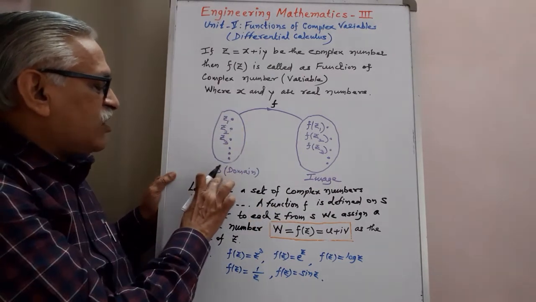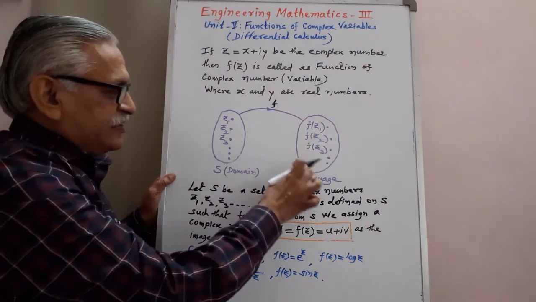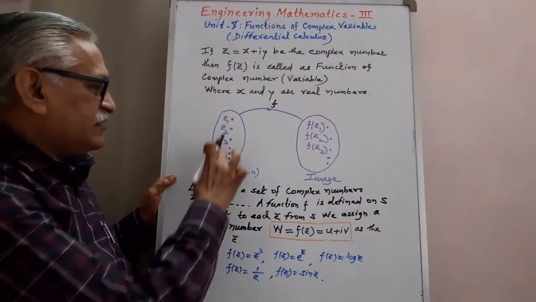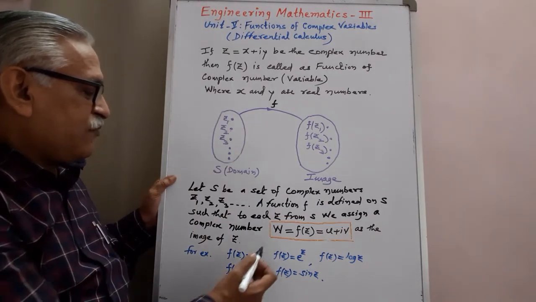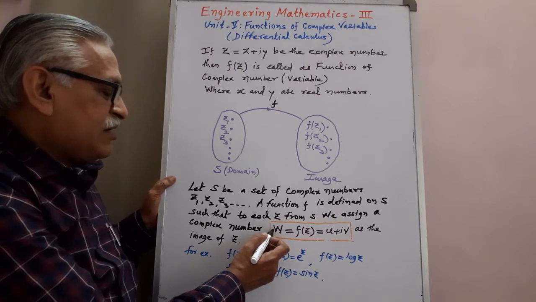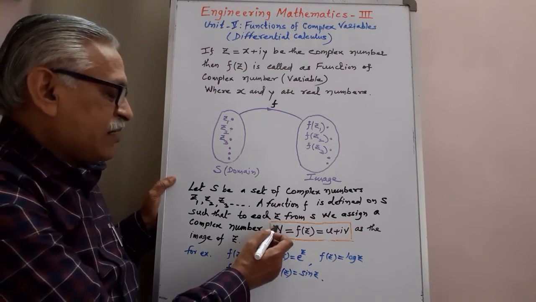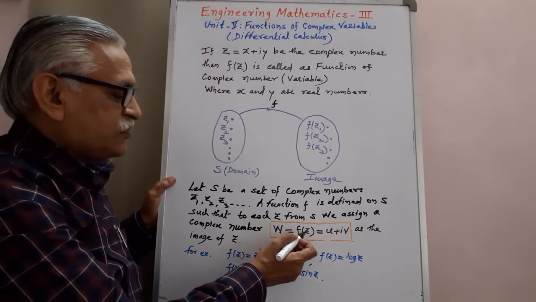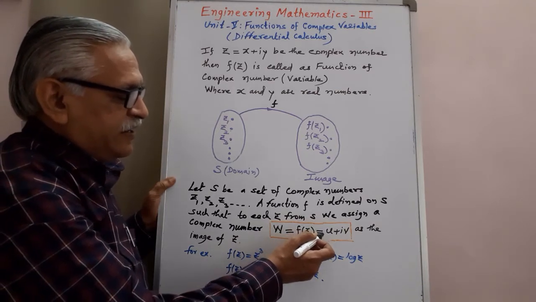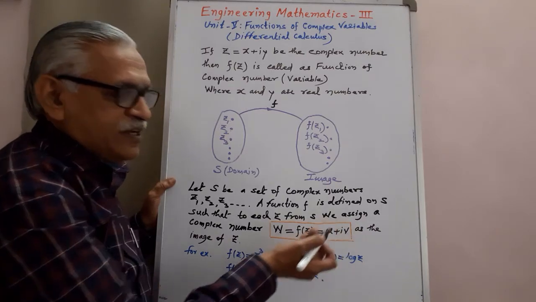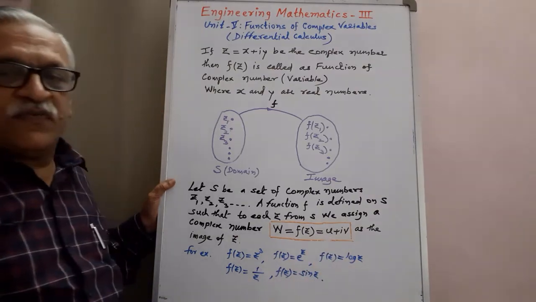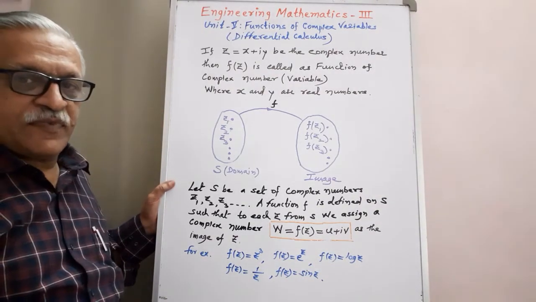Then that set S is called the domain and the second set is called the image. Therefore that function of complex variable is denoted by capital W equals f of z, a function of complex number z, and it equals u plus iv, again a complex number, where u and v are functions of x and y.